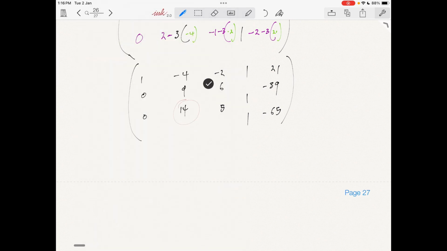And how do we do that? We do that by subtracting the third row from the second row. Now we can write this to give us our row 1, this can be our row 2 prime, and this can be our row 3 prime.